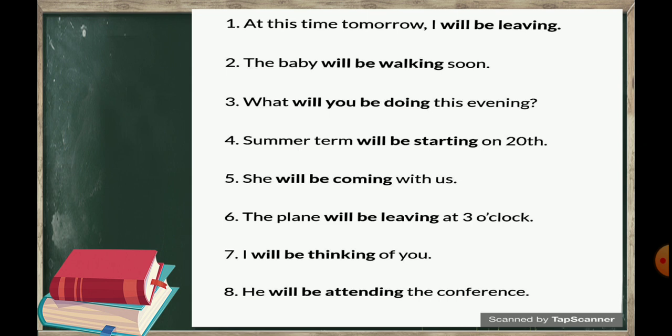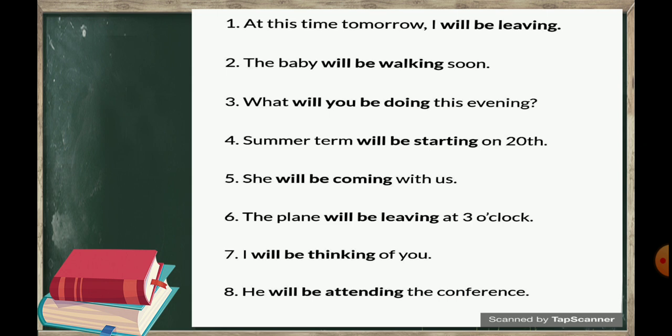See the next thing. He will be attending the conference. So, what is the verb here? Will be attending. So, how to make this in negative? Add not after the helping verb will. He will not be attending the conference. If you want to say the same in yes or no type of question, will he be attending the conference?